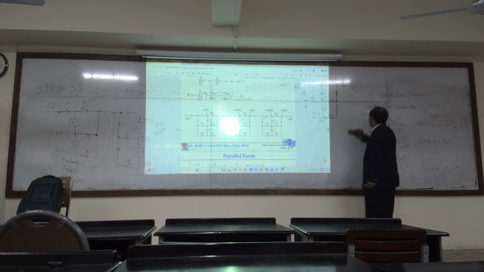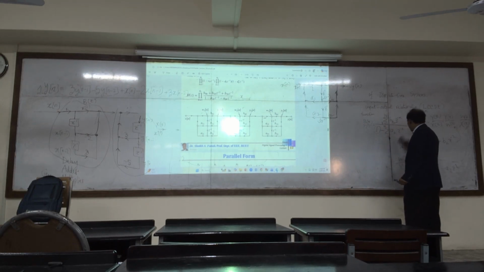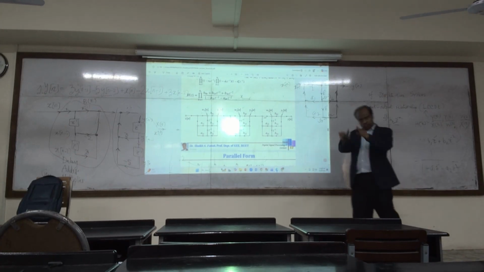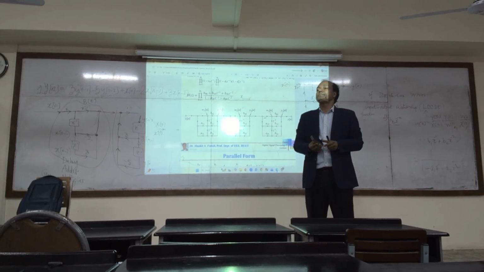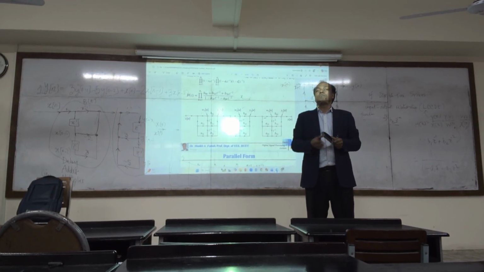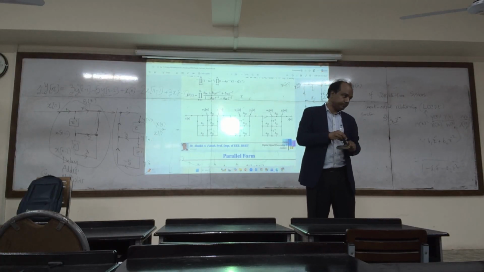First Z transform. What after doing the factor? Can you recall? So factorization. Then from the first transform, what is the next step?